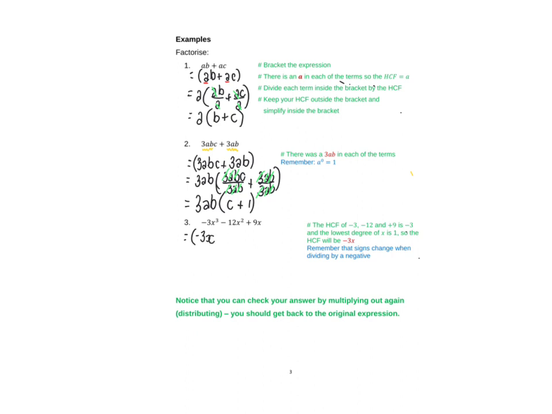So we bracket the whole expression, and then we take out the common factor and divide each term by that common factor.